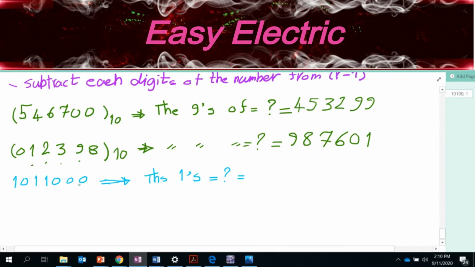Again, all digits should be subtracted from r minus 1. R is 2, so 2 minus 1 means everything is subtracted from 1.